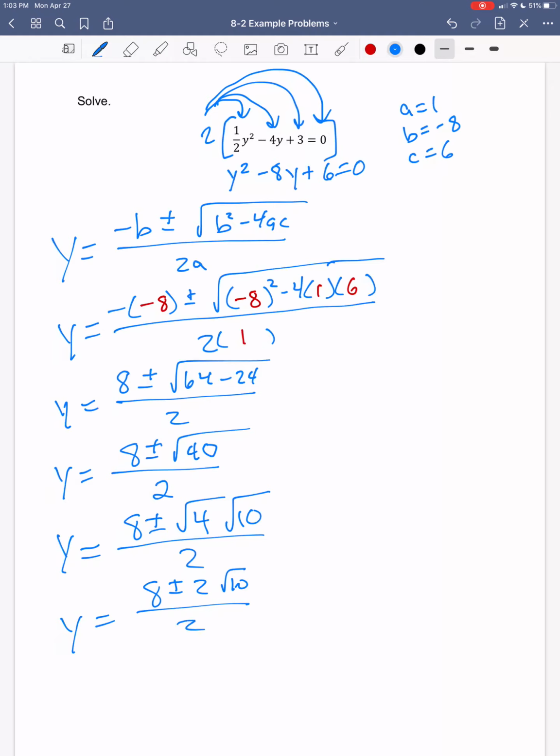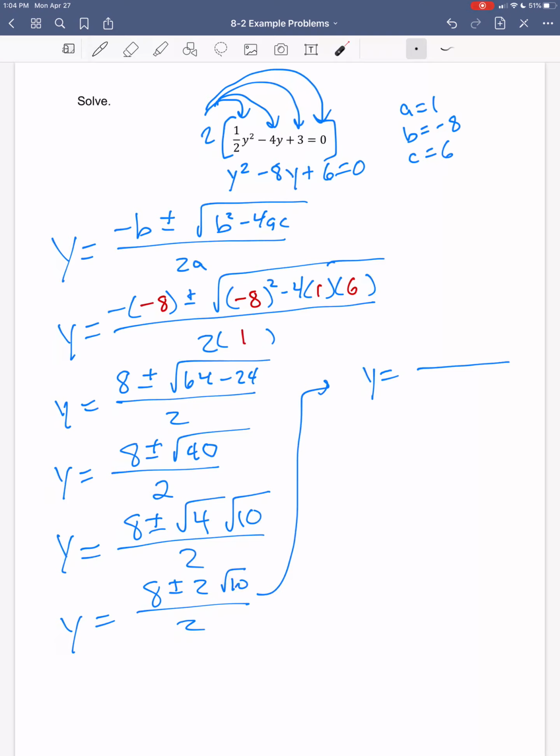Now, there are a couple ways you can proceed here with simplifying this problem. One way is to look at this numerator and say, is there anything that goes into both of these terms? I don't really worry about the square root. I can't pull anything out of the square root.